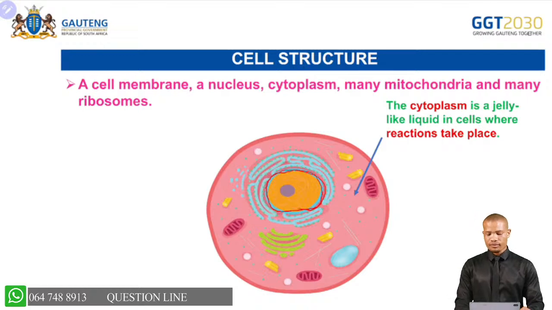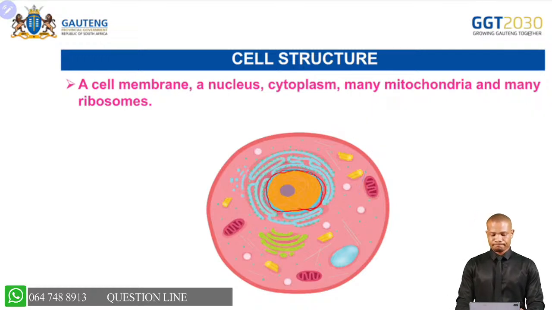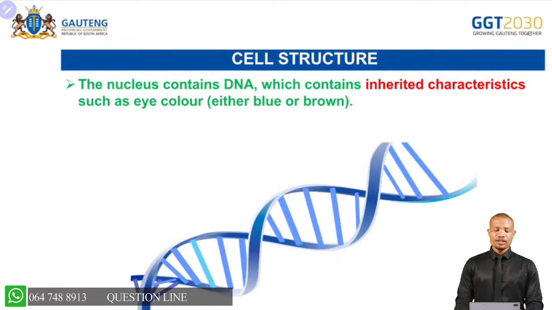Okay, let's continue. Then we have the nucleus. The nucleus is very important because it contains DNA, which contains inherited characteristics such as your eye color, where it could be blue, it could be brown, it could be grayish, it could be black, and so on. Okay, that is determined by the DNA. The certain characteristics that we inherit from our parents are determined by our DNA.